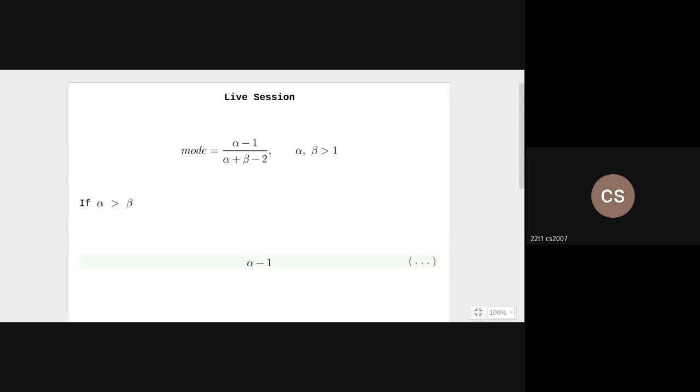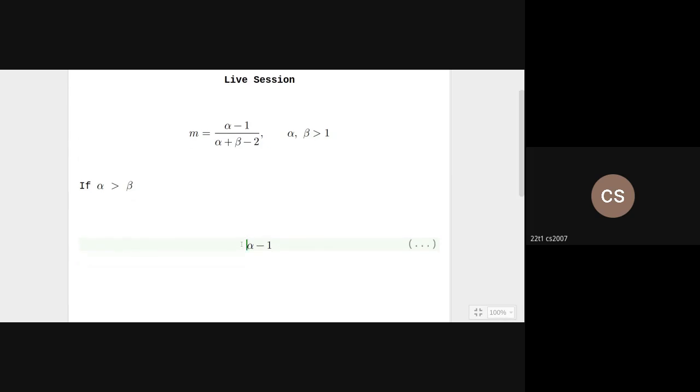Let me call this mode by a better name, M. So if I do some algebra, what do I get? M into alpha plus beta minus 2 equal to alpha minus 1, right?